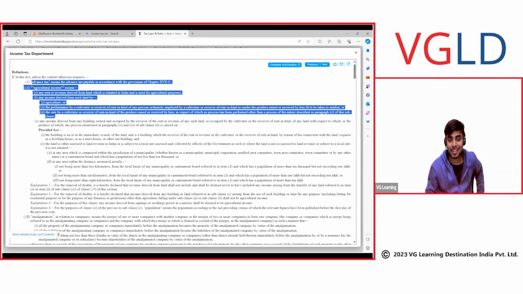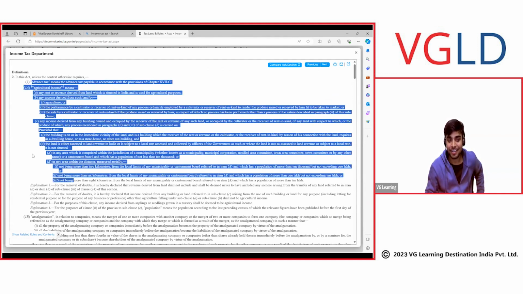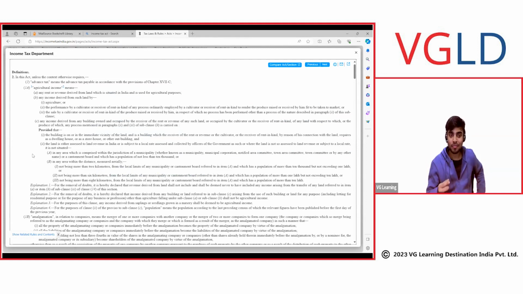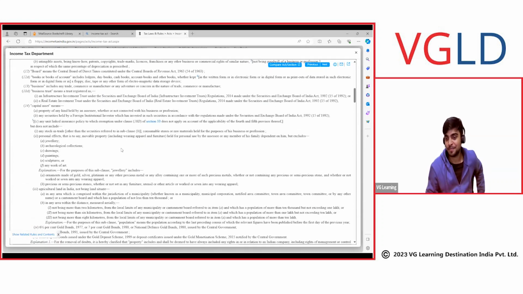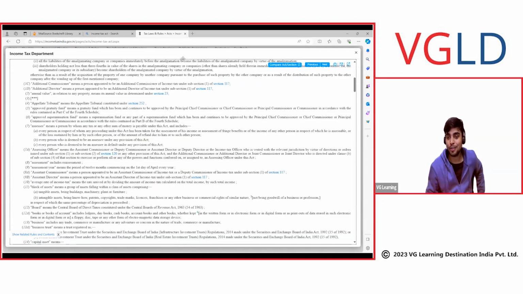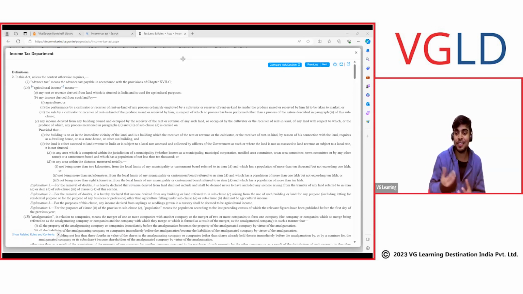If I start reading this, you would suddenly find that the language is very technical, and given in a very structured order. For those who start reading the law for the first time, it's like, what somebody has written is not clear. For me, when I started reading the law, it was like, why have they made it such complicated?